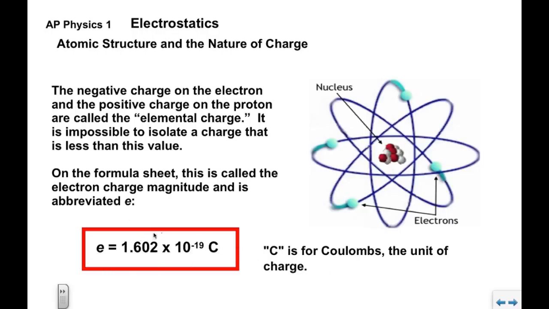Its magnitude is 1.602 times 10 to the minus 19 coulombs. The capital C is for coulombs, the unit of charge. We'll get to that shortly. But again, this is the smallest possible unit of charge. You can't have a single charged object that has a charge less than this much.